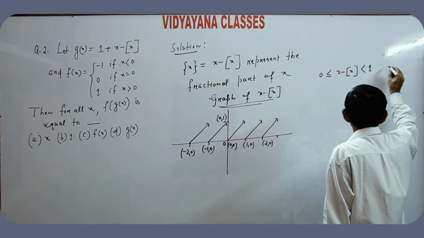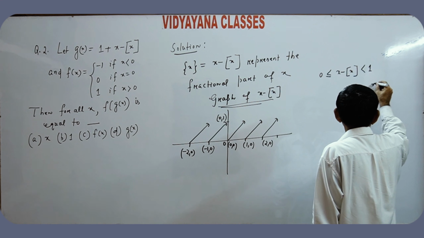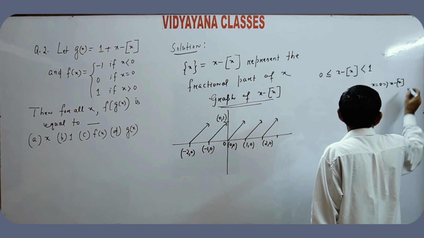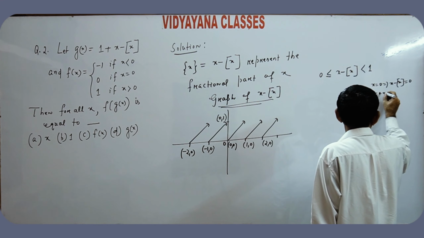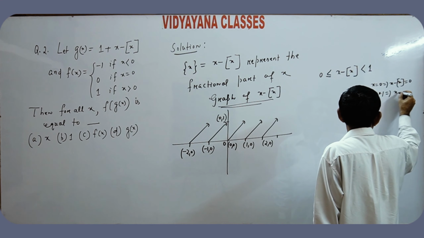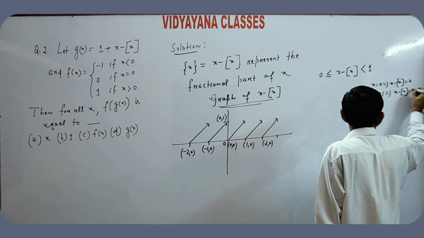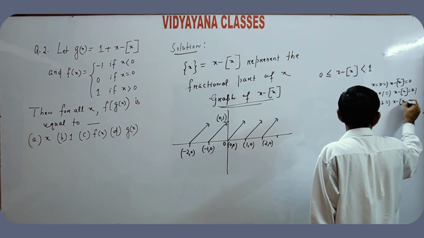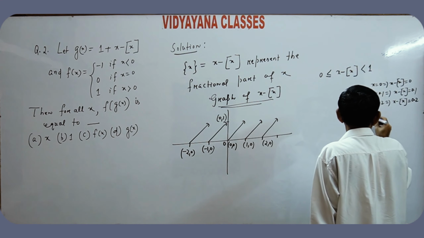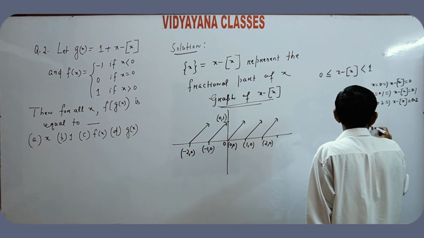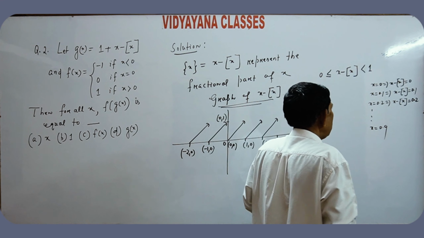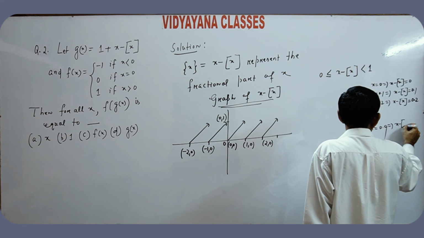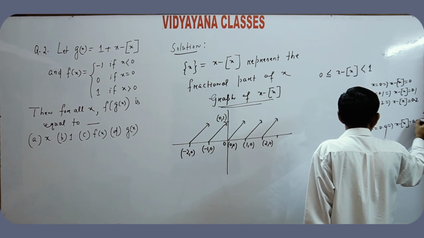For example, x equal to 0 implies x minus [x] is equal to 0. x is equal to 0.1, x minus [x] is equal to 0.1. x equal to 0.2, x minus [x] is 0.2, and so on. x is equal to 0.9 implies x minus [x] is equal to 0.9.